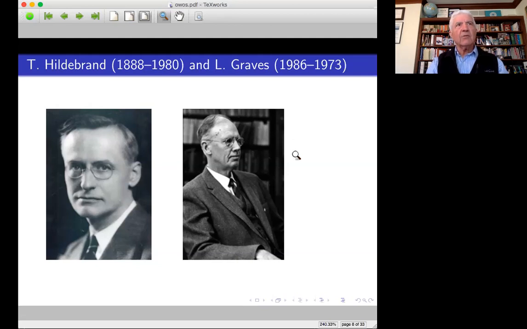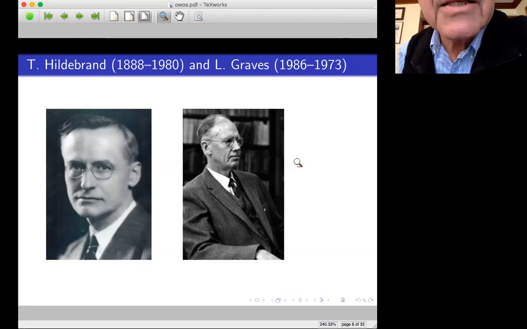And also a less known fact is that he was the supervisor of Karush, the same Karush who is now in the Karush-Kuhn-Tucker conditions. He was the supervisor of the master's thesis of Karush, where the Karush-Kuhn-Tucker theorem was stated for the first time. It's quite possible that he knew about this theorem before Karush.